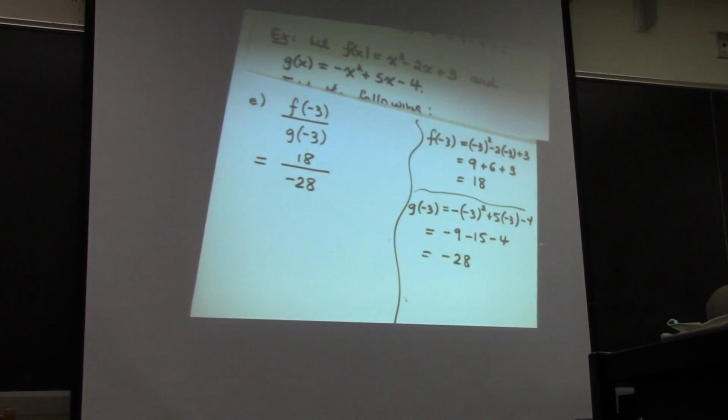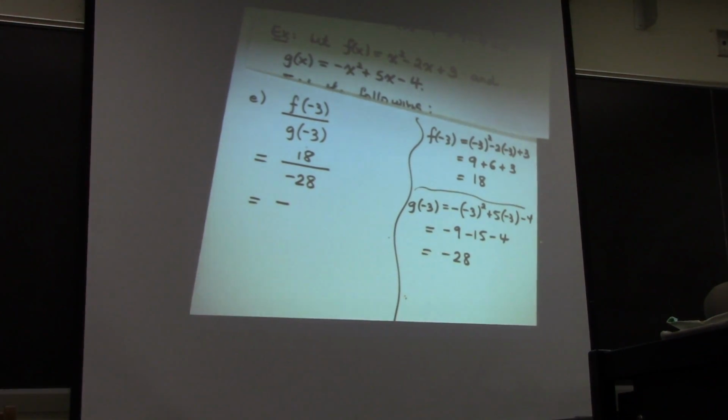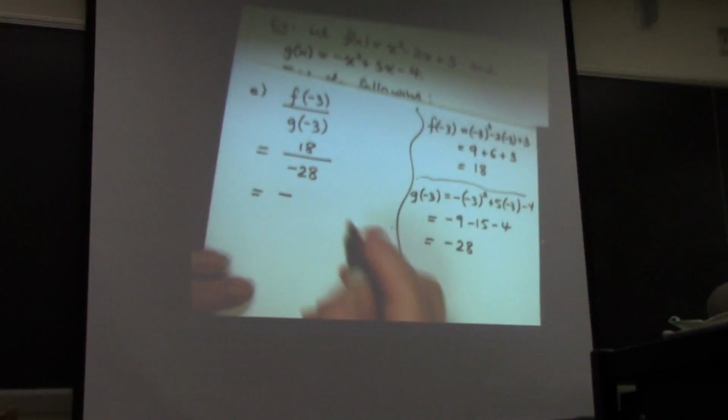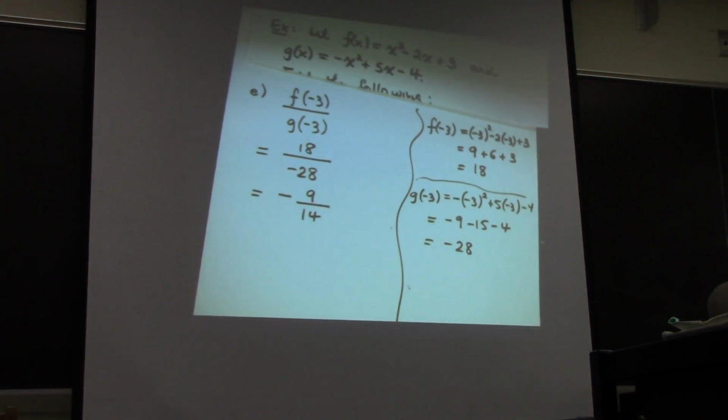So it just says put -28 in the bottom and simplify. It's a negative number, and I guess I could divide by 2 and get negative 9/14.